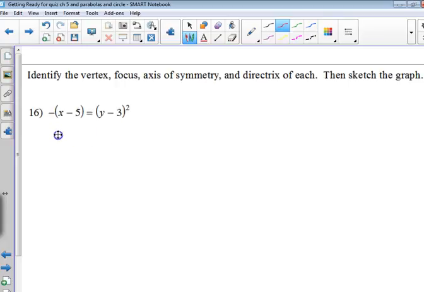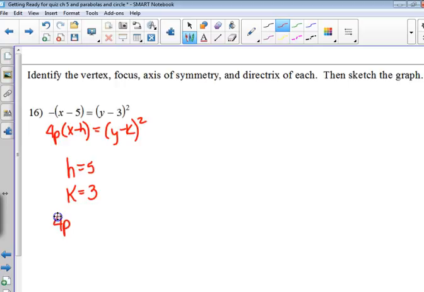All right. This is written kind of weird, but this would be 4p(x − h) = (y − k)². Okay? So h is 5, k is 3, and 4p is −1.